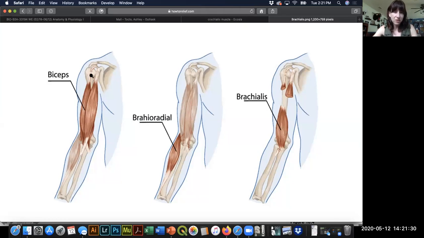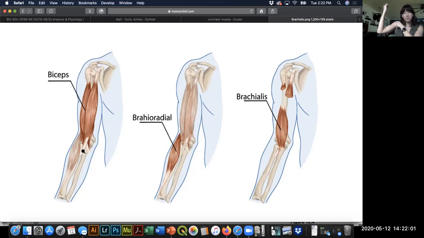So you've got two different little points of origin here for the biceps brachii. We think about it as being one muscle, but it is called the biceps, bi as in two, brachii, because it has two separate ends here that attach at the shoulder joint. And then it inserts down here on the radius so that it can flex your arm, right?